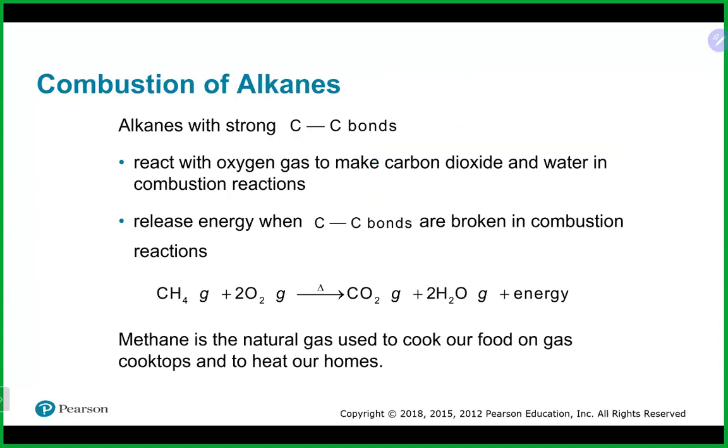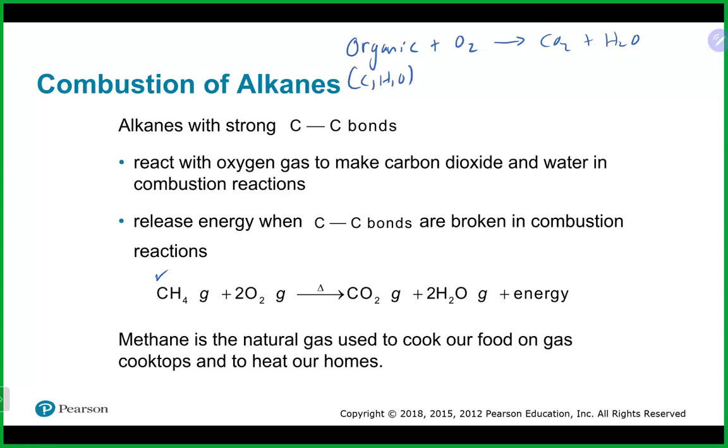Now, let's talk about a couple of types of reactions that alkanes undergo. They undergo one that we've seen before, which is a combustion reaction. An organic compound that contains carbon, hydrogen, and oxygen, has O2 and will make CO2 plus water. That is the same reaction we saw when we talked about types of reactions, and that is pretty much the reaction that happens when you light up the Bunsen burner.